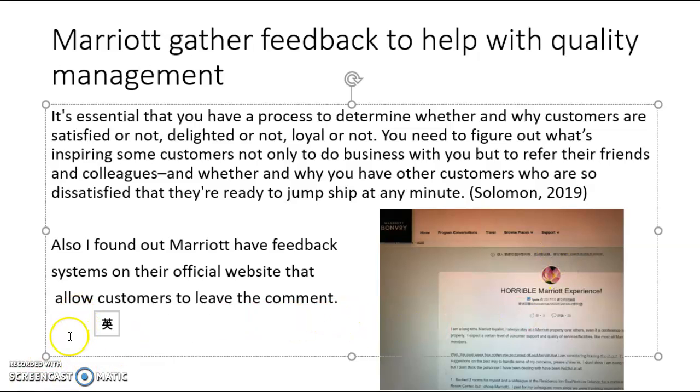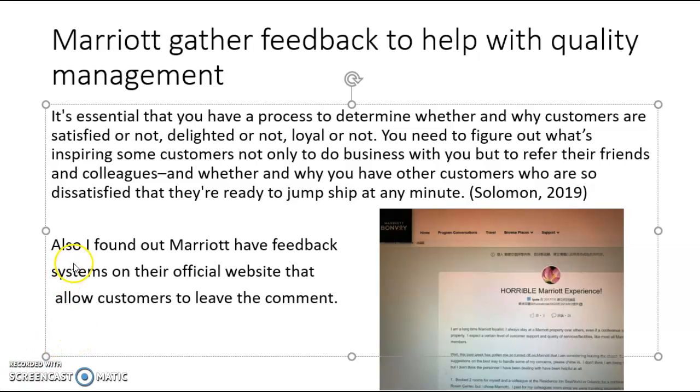But I think it's good for Marriott to face their own mistakes and try to change them. So they let customers leave comments, either good or bad, on their official website. This feedback system helps Marriott determine what's working in their business and what they need to fix.